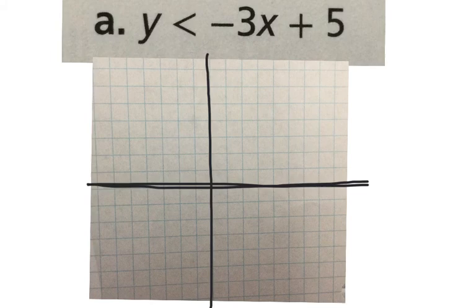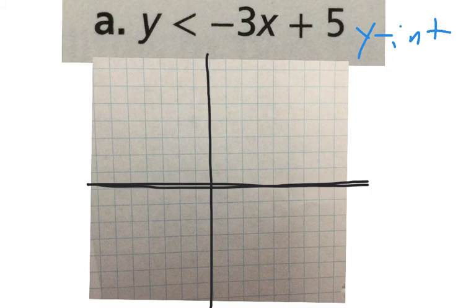Is this in slope-intercept form? y = mx + b. Yes, it's in slope-intercept form. So I can graph it. If I'm going to graph it, I start with the y-intercept.